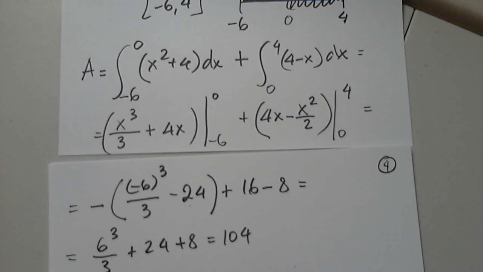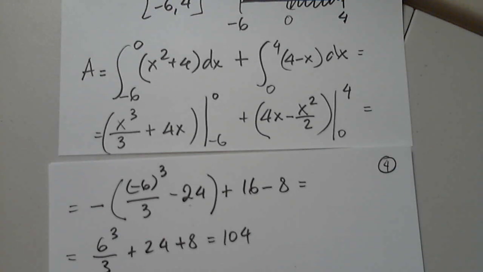Calm down, okay? So of course this is x. And that was 0. And the lower limit, negative 6. And the function is x squared plus 4.